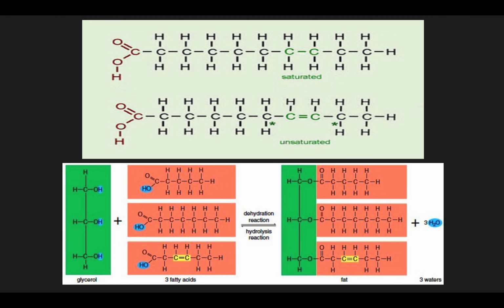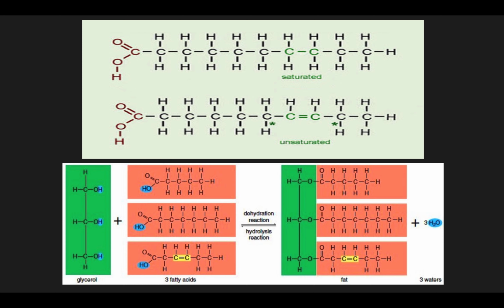Pay attention to this. If I had a board, I would draw it because I feel like you guys pay attention to more of that kind of stuff. But because I don't have a board, look at the top picture. The top triglyceride, you can see the glycerol is over there in the red on the left. Then the long chain of carbons, the top one is a saturated one. You can see all the single bonds between the carbons.